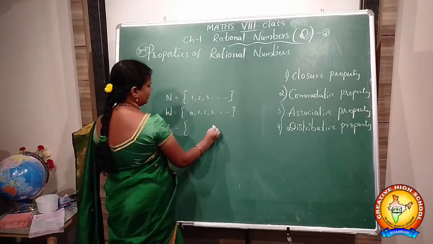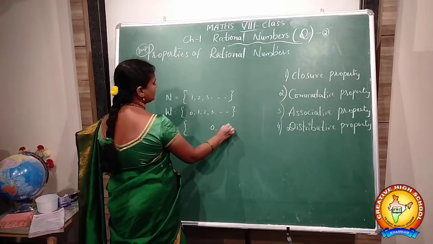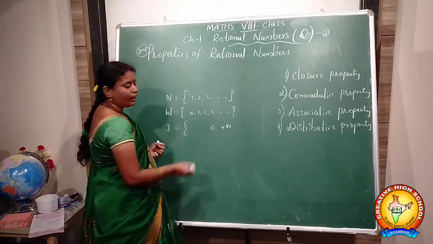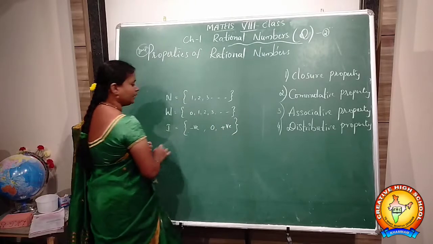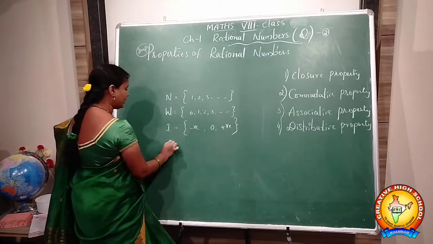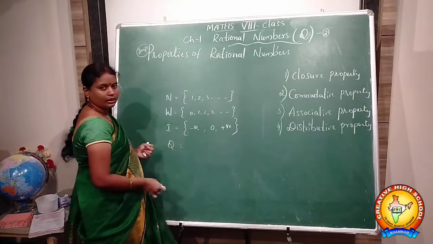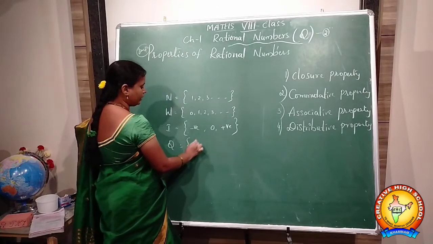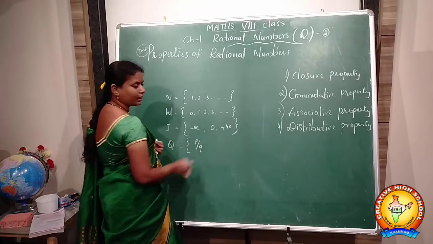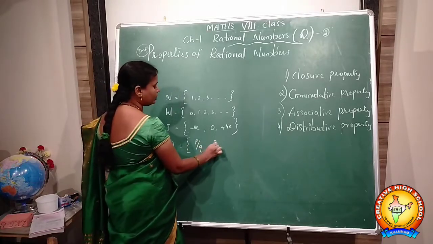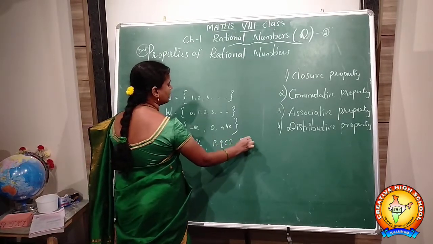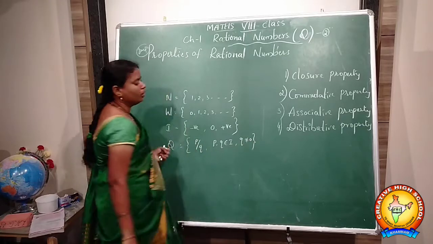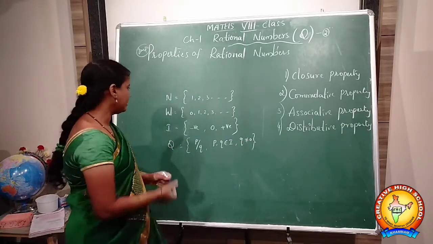Integers are the set of whole numbers along with the negative numbers. Rational numbers are in the form of p by q, where p and q belong to integers and q does not equal 0.